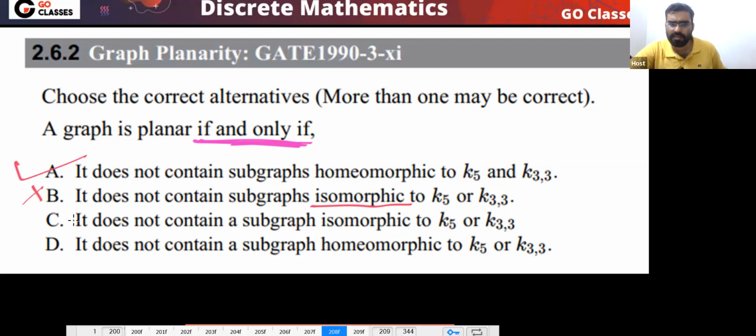Is this clear? It does not contain a subgraph isomorphic to. These two statements are same, right? Option B, option C, how are they the same?